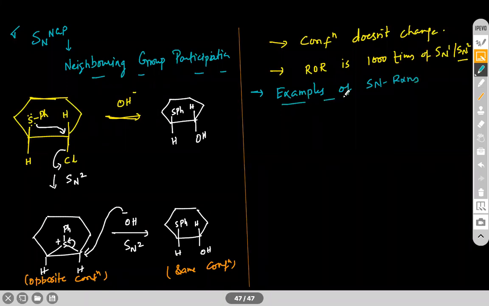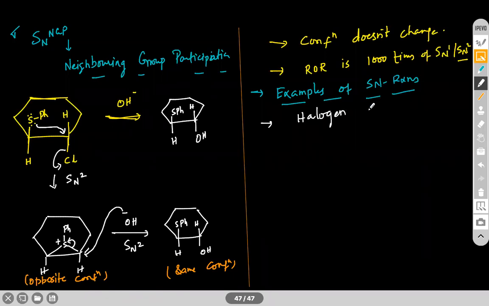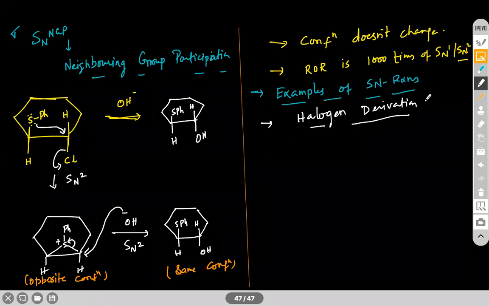What are the examples we have? So first example we are going to see on halogen derivative. We have discussed this thing in the chapter alkyl halide and aryl halide. Once more we'll do this. You can understand the mechanism of the reaction here. Okay.